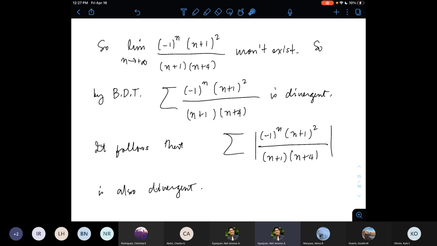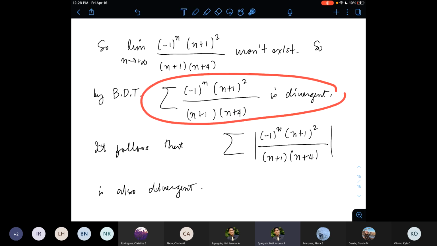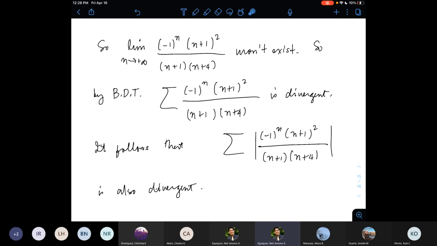Okay, but I hope it's clear that this guy is divergent, right? But this guy is smaller than this one, right? Because this either is positive or negative. Once I put everything in absolute value, then every term here is larger than the terms in here.